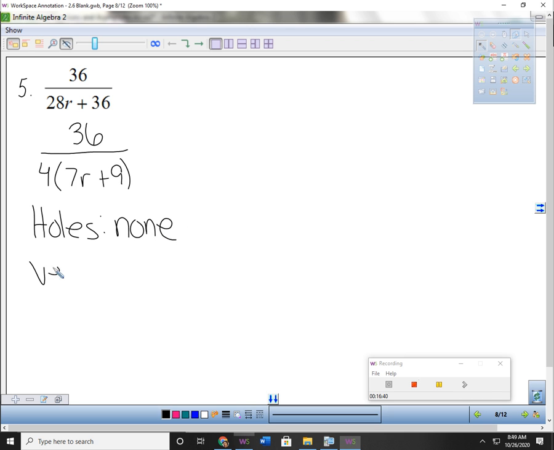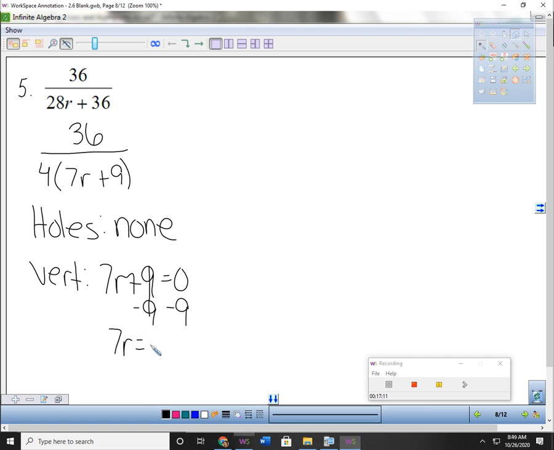So now we'll talk about the vertical asymptotes. I'm going to take my factors on the bottom and set them equal to 0. Now here's the thing. I can't set 4 equal to 0, right? It's just factors that have an x value you can set equal to 0. I can't do 4 equals 0. That doesn't even make sense. So I would just do the 7r plus 9 and set that equal to 0. And then solve. So subtract the 9.